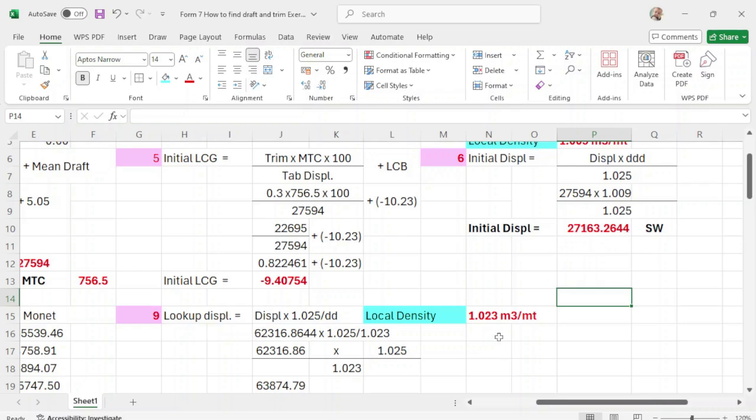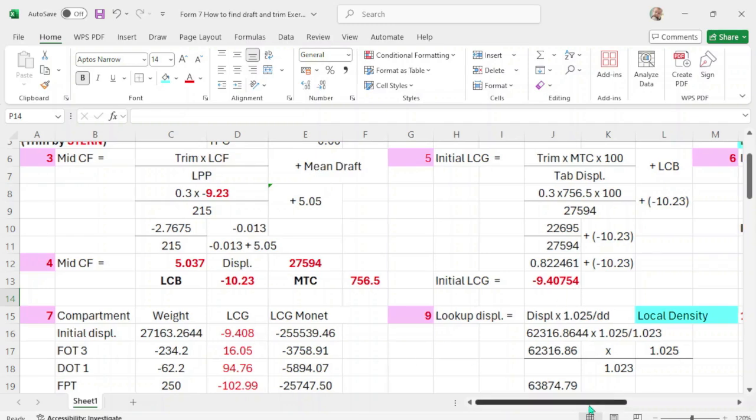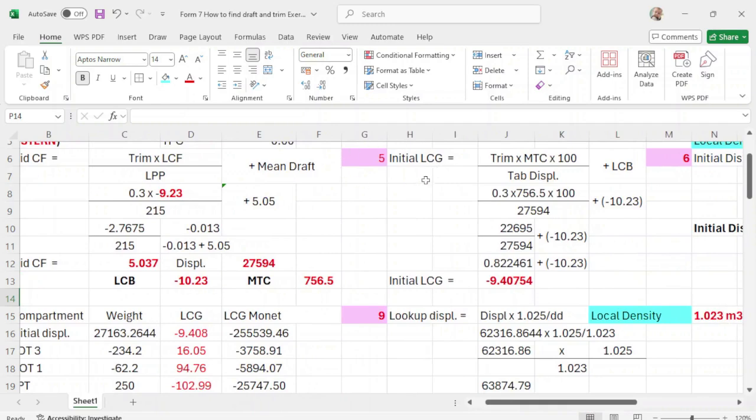That will be number 6. So I put it here. And the LCG is negative 9.408, which is this one. This is the initial LCG of 940,754. Okay, it's already rounded off. Multiply weight times LCG, that will be your LCG moment.